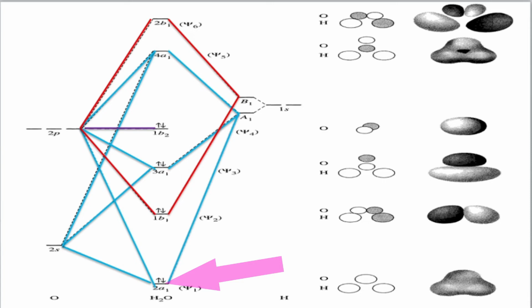That orbital will be 1A1. And now the first orbital which has A1 symmetry will be 2A1, and its wave function I represented by psi 1, which is produced by interaction of the wave functions from oxygen, that's the 2s orbital, and hydrogen, that's A1.